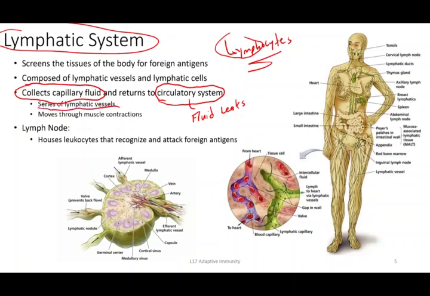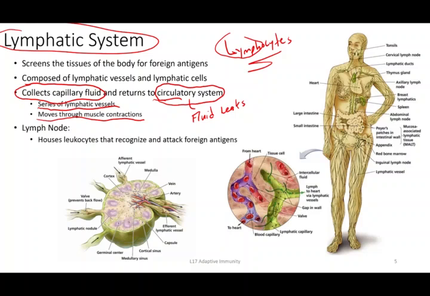And so the lymphatic system is a series of vessels. So they're shown here in green. And so they're going to be collecting that fluid within tissues and then returning it back to the circulatory system at different locations. And so it's going to move through our bodies. So this series of vessels doesn't have a pump, like it doesn't have a heart like our circulatory system has that helps create a pressure to move the fluid through.